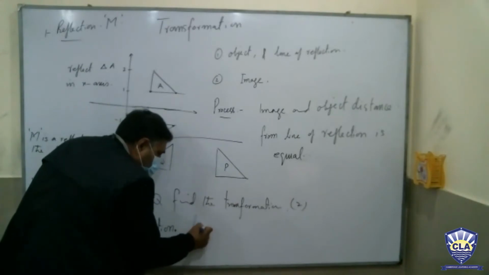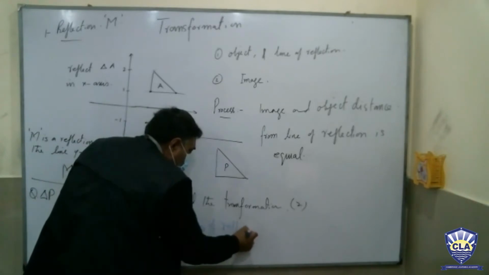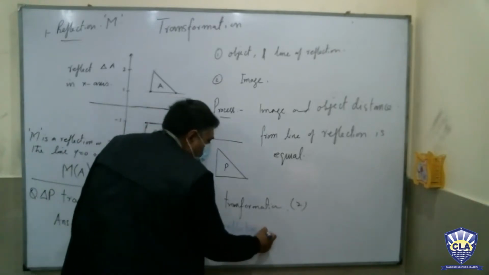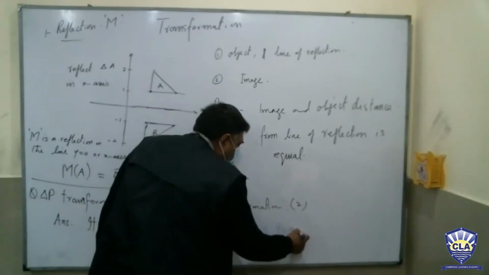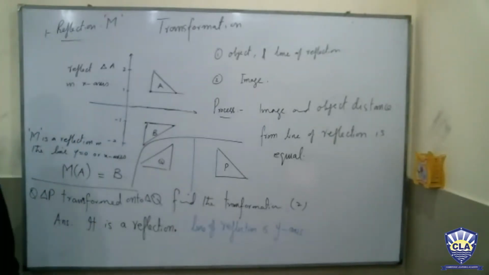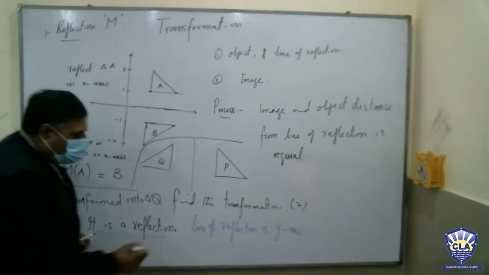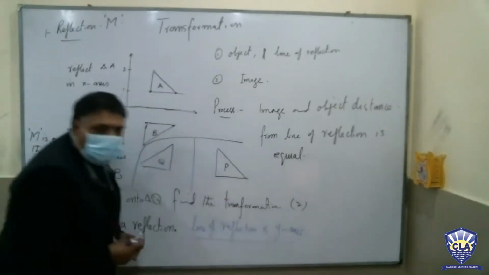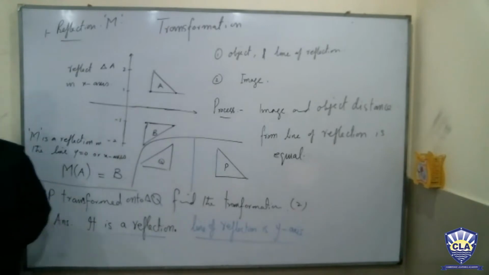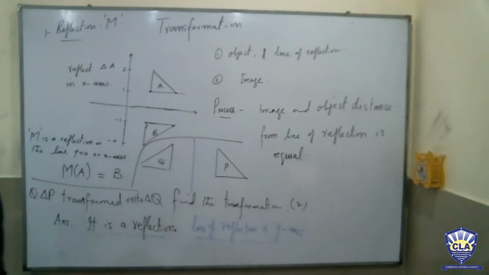Line of reflection is the y-axis, or whatever the line is. 1 mark for it is a reflection, the other mark for the line of reflection. So please do mention both things: it is a reflection and the line of reflection. Now note all the things.